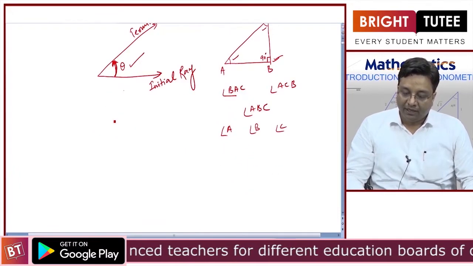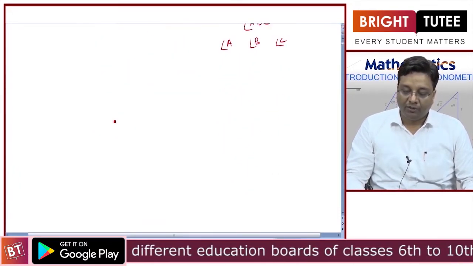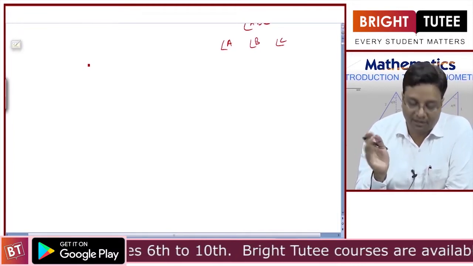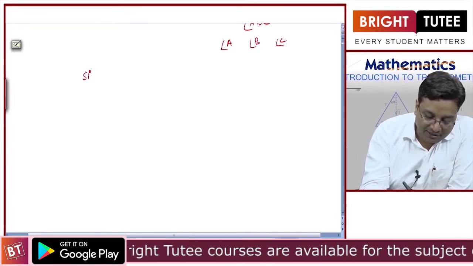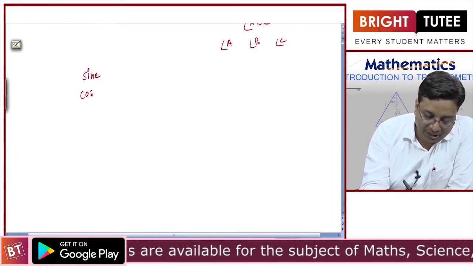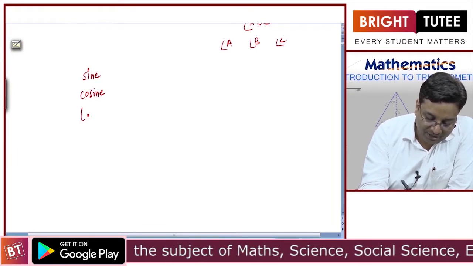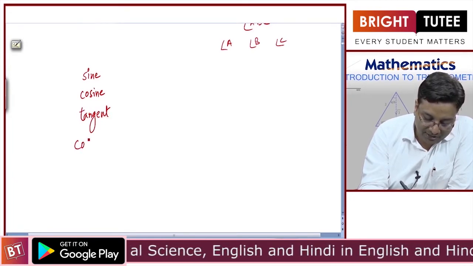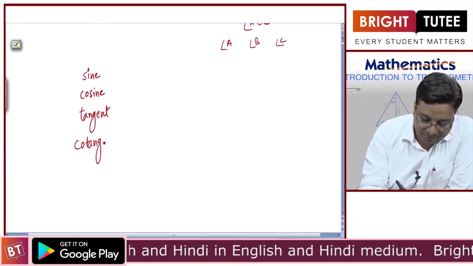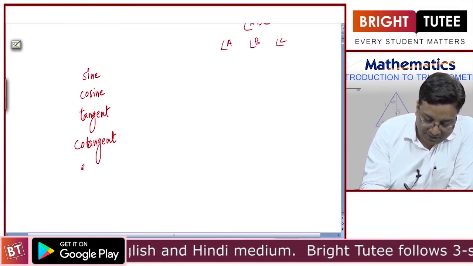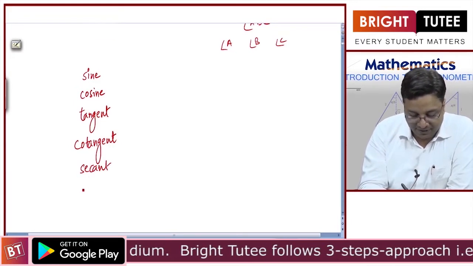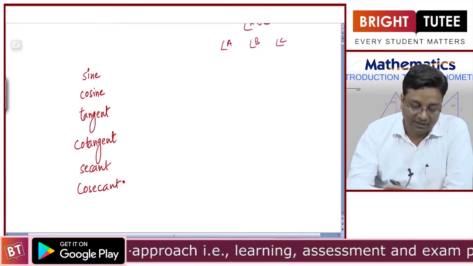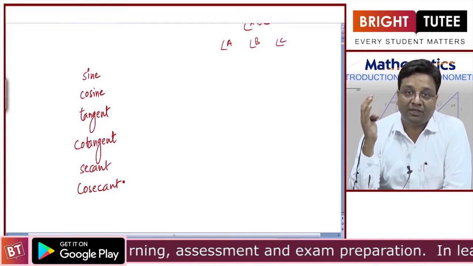Okay. And what are these trigonometric ratios? Basically, we will be dealing with 6 trigonometric ratios here. One is sine, cosine, tangent, cotangent, secant and cosecant, right? These are the names that you have to memorize, right?